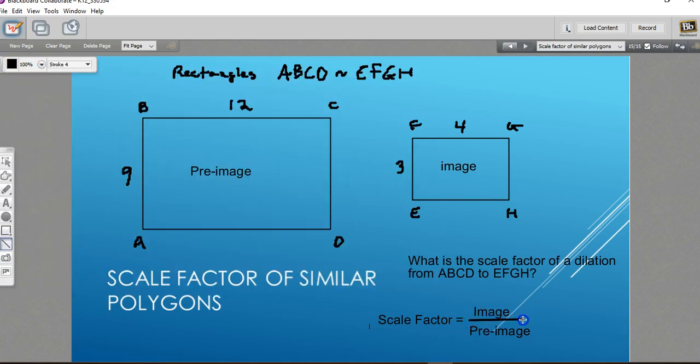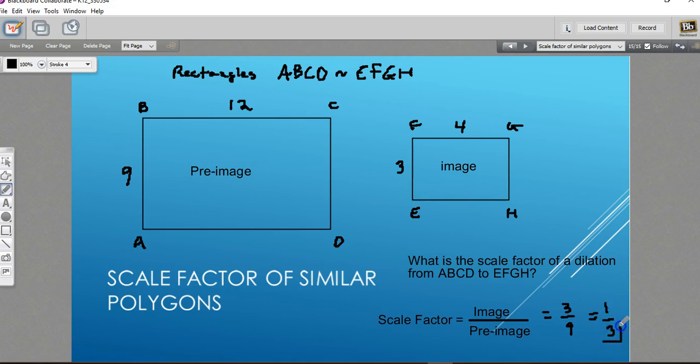Okay, so there we go. Image divided by our pre-image. So what I'm going to do here is take EF, and that corresponds with AB, right? So my image is going to be 3 and my pre-image is going to be 9. And so reduce that down and we get 1/3.